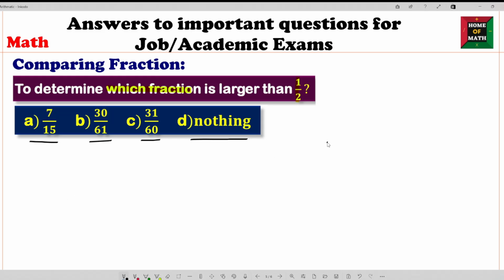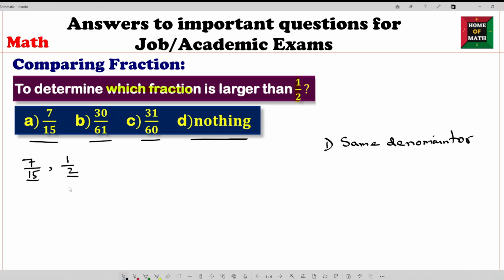First step, we have to make a common denominator, or the same denominator, right? In this case the first fraction is 7 divided by 15 and we will compare it with 1 by 2.